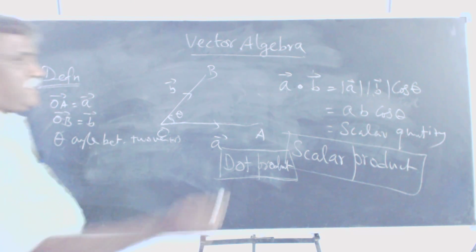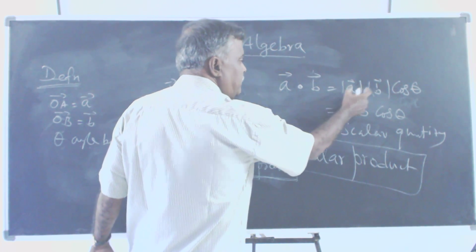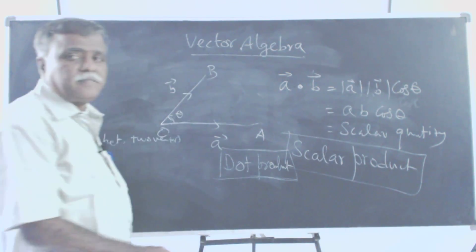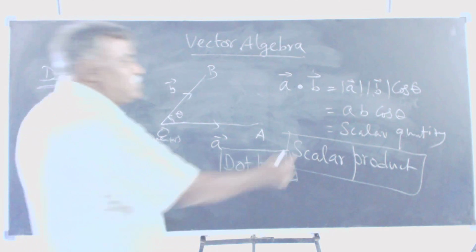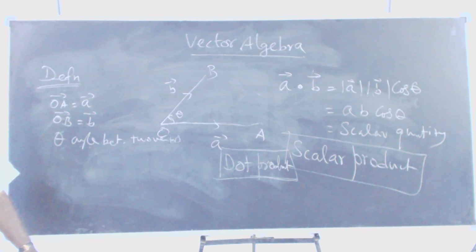So, definition of dot product says once again, A vector dot B vector means first vector modulus, second vector modulus, then multiplied by cos theta. Finally, you get what? Scalar quantity only. Therefore, we call it a scalar product. So, dot product, otherwise known as scalar product. Both are one and the same.